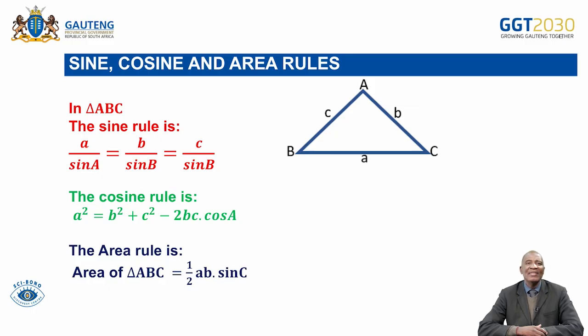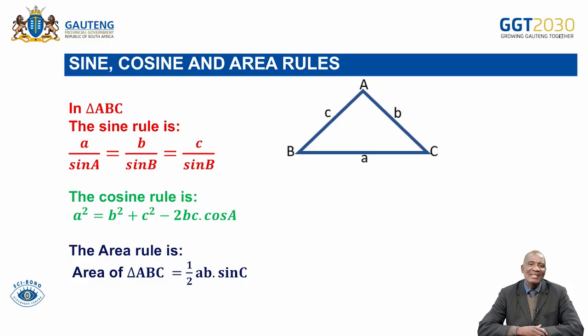Then the cosine rule, stemming from that same triangle, says a squared equals b squared plus c squared minus twice the product of b and c multiplied by the cos of angle A. That's our cosine rule.